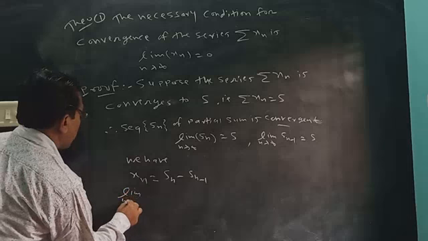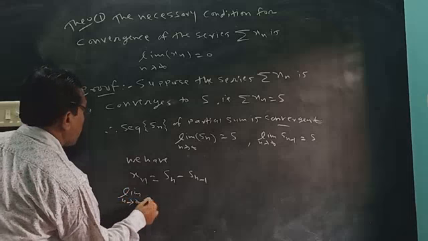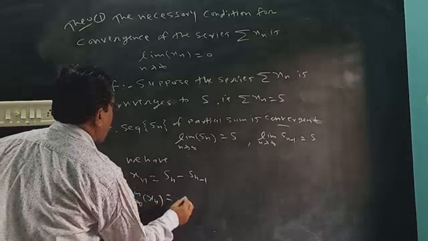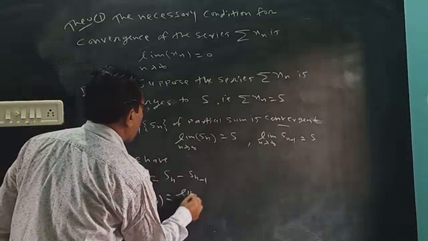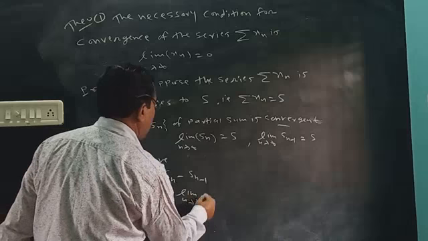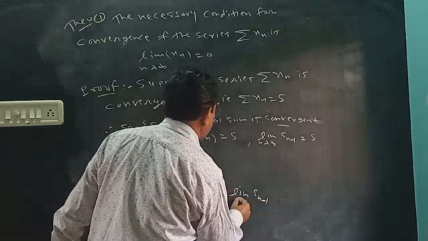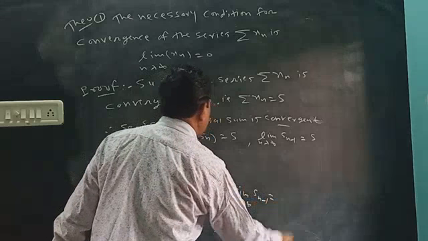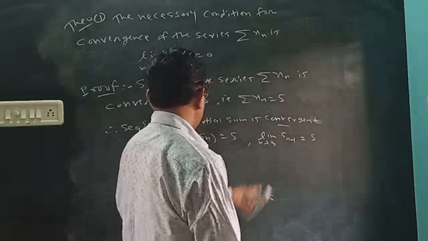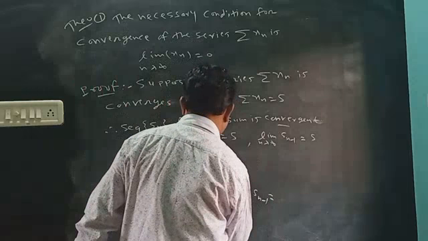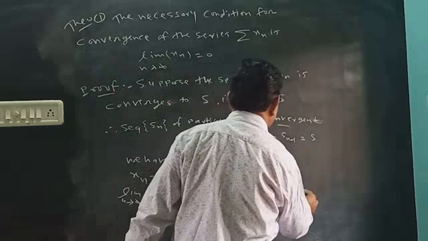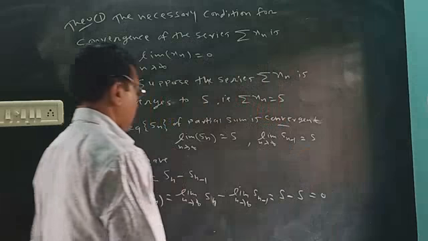Taking the limit as n tends to infinity, the limit of Sn minus the limit of S(n minus 1) is s minus s, which means 0.